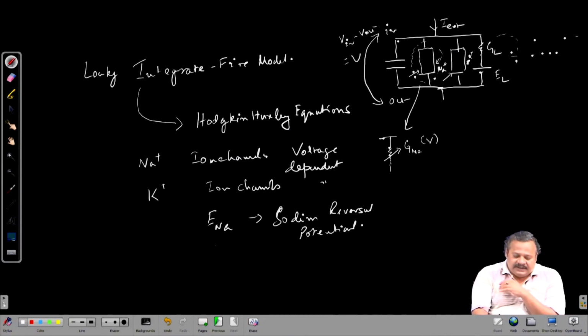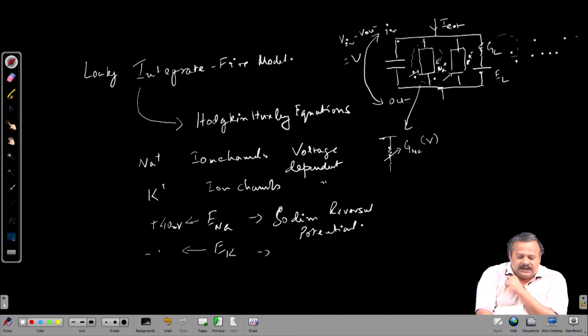Similarly, we will have the same thing for potassium, its reversal potential, which is dependent on the potassium concentration outside and inside. From our previous lectures, this E_Na is close to plus 40 millivolts and this E_K is close to minus 85 millivolts.